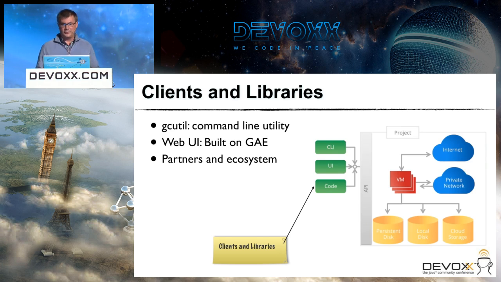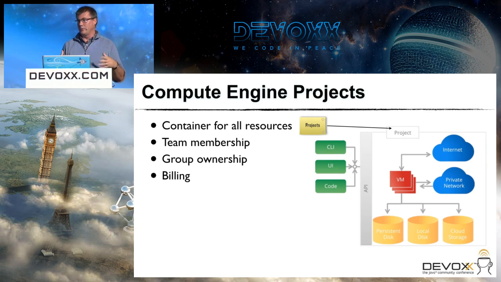You can download it. I think it's open source. We have a web UI that I will be using for doing a few things because it's a nice way of understanding the APIs. And we also have very strong partners doing professional integration with their offering on top of Compute Engine. And they are also adding extra tools for their customers.